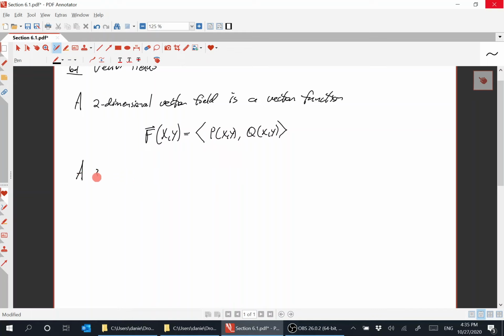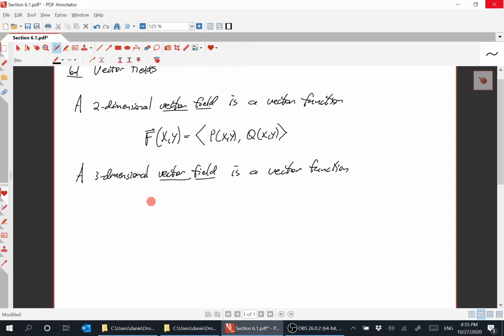And a three-dimensional vector field is a vector function F of x, y, z equal to P of x, y, z, Q of x, y, z, R of x, y, z.